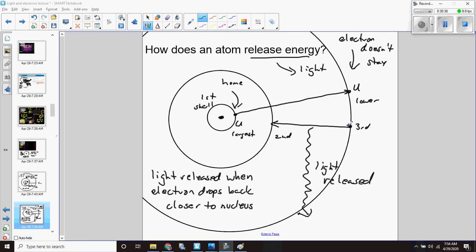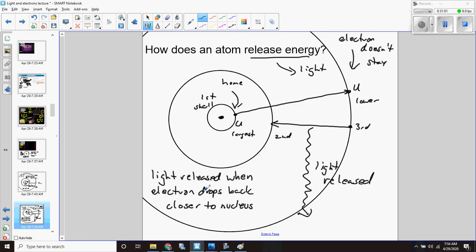Electrons drop closer to the nucleus. Now I know I have it going from the third shell to the second shell. Why doesn't it go all the way back down to the first? Well, it can. Here's the next conclusion. The energy being released, the type of light being released, is proportional to how far it jumps.